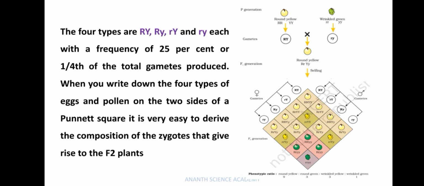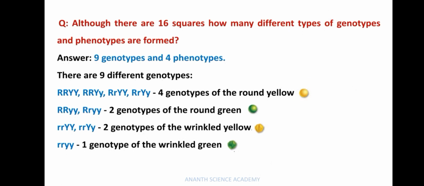When you write down the 4 types of eggs and pollen on the two sides of a Punnett square, it is very easy to derive the composition of the zygotes that give rise to the F2 plants. Although there are 16 squares, how many different types of genotypes and phenotypes are formed? The answer is 9 different genotypes and 4 phenotypes.